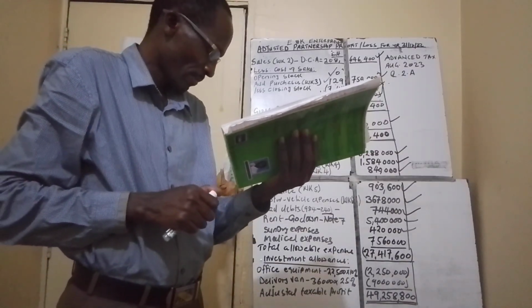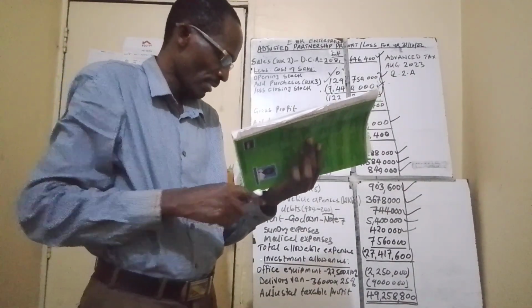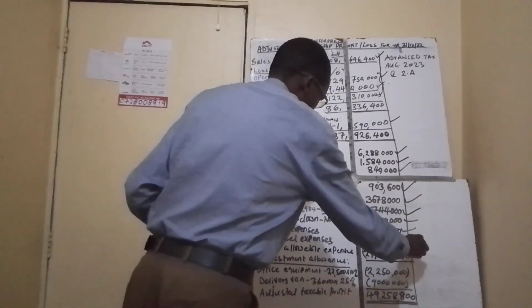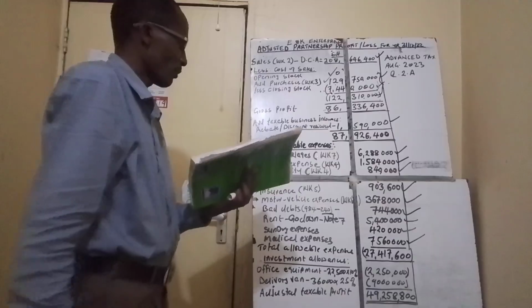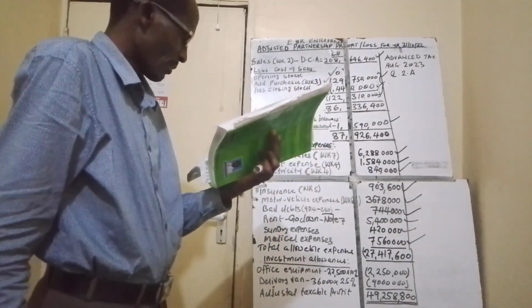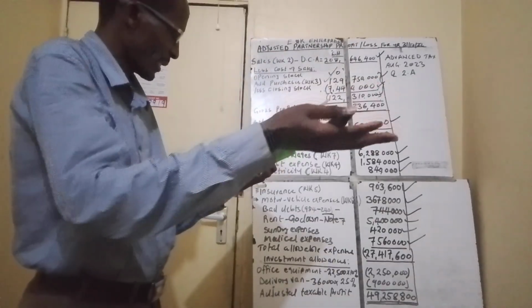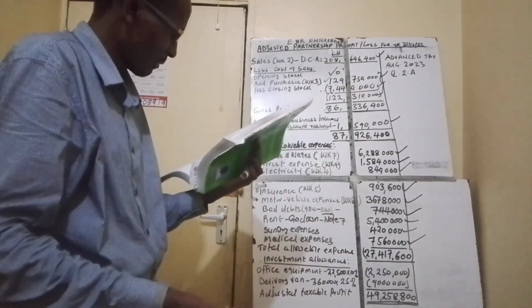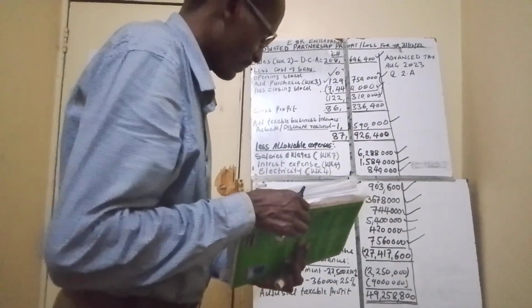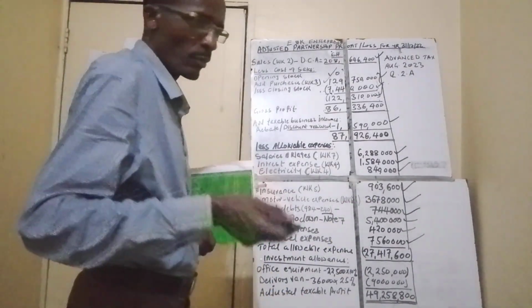Sundry expenses per annum, additional information number 9, for 20. Then medical expenses, 7,560,000. That is in the bank statement credit side. Medical expenses 7,560,000. So once we less all that, there is no other allowable expense.